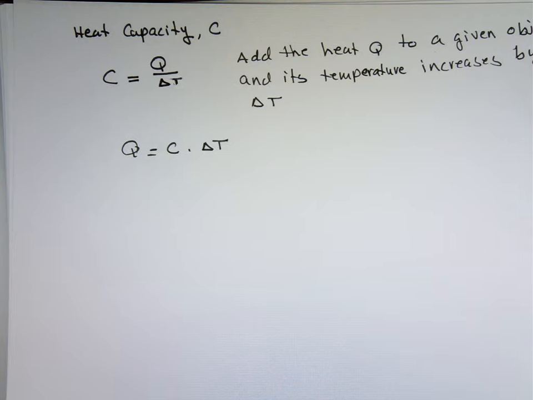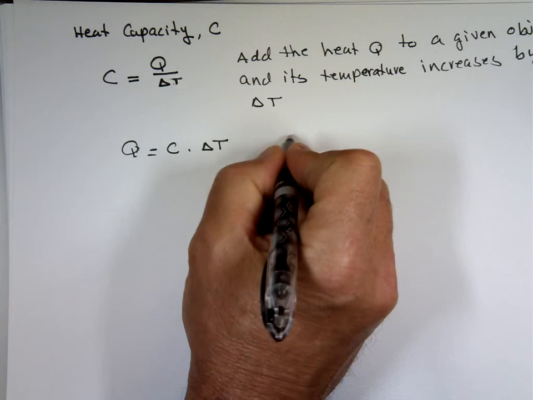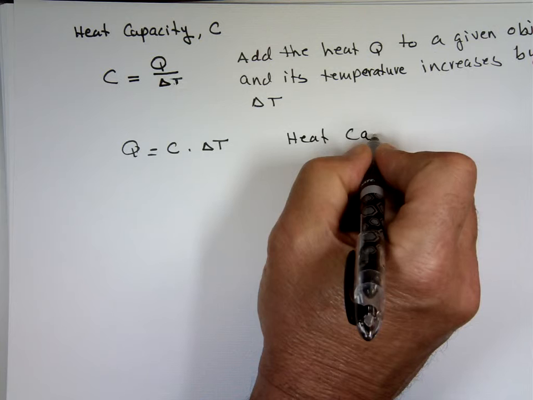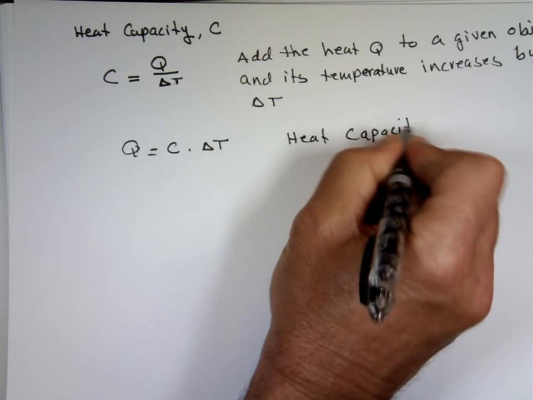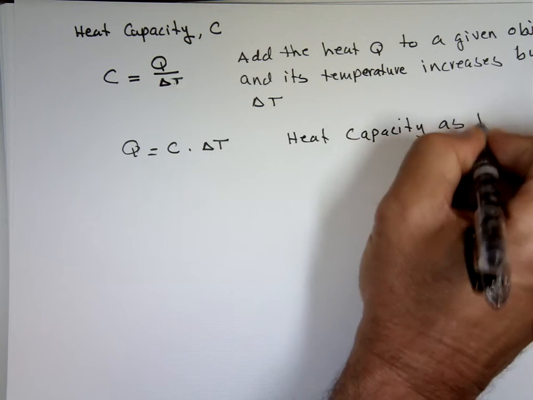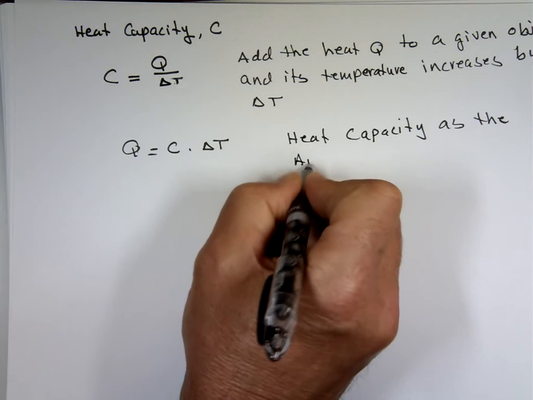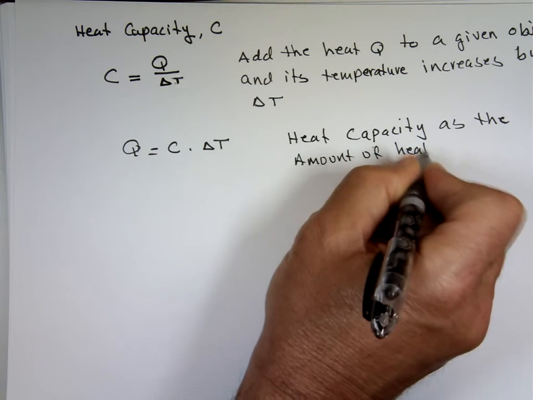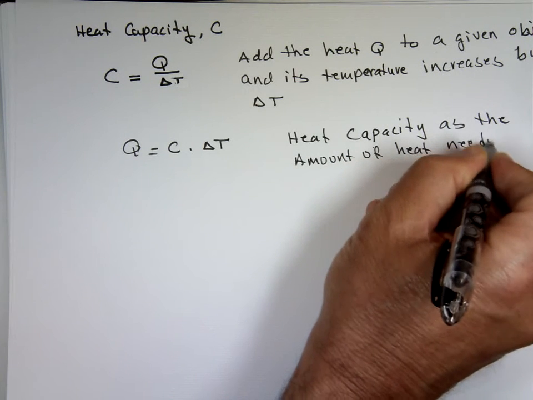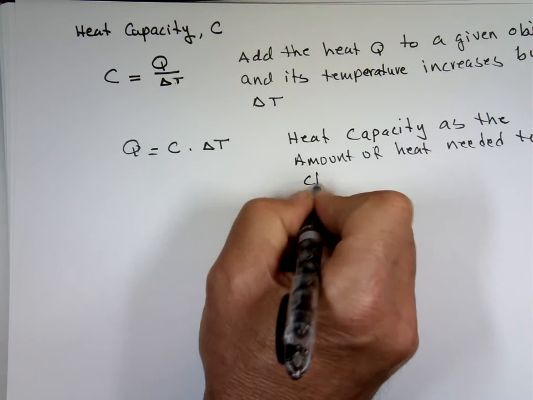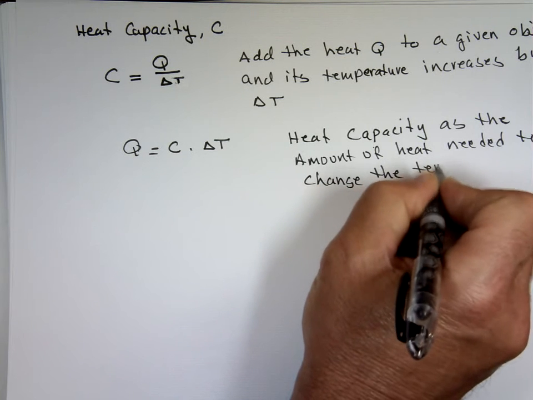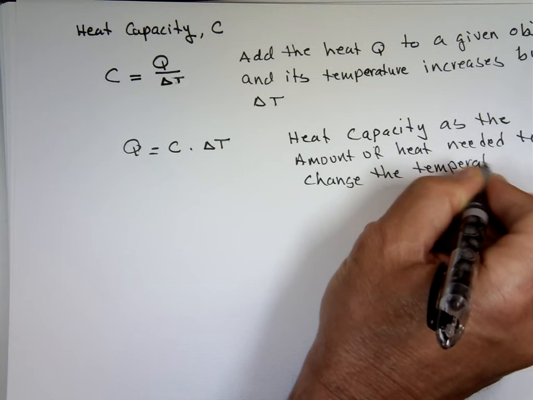So what is heat capacity? What is C? We define C, really, heat capacity. That's how we calculate it. But we define heat capacity as the amount of heat needed to change the temperature by 1 degree.